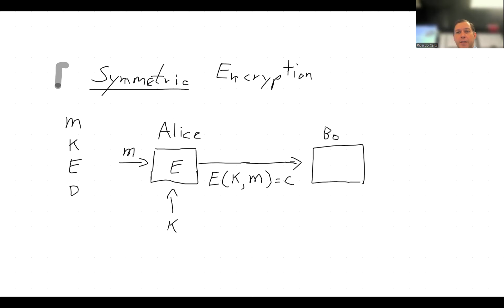And then Bob will have a corresponding decryption algorithm, which will also take in as input the key. Do you see that? So now you will use the decryption algorithm with the same key.